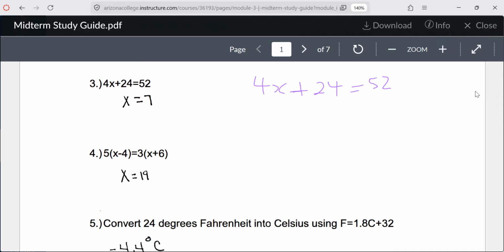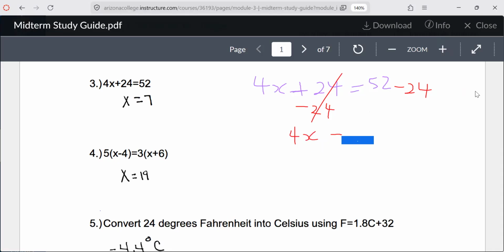Again, we're trying to have x stand alone because we want to solve for x. So we should have x equal something. So I'm going to subtract 24 first and then do the same thing on the right. 24 minus 24 is 0.